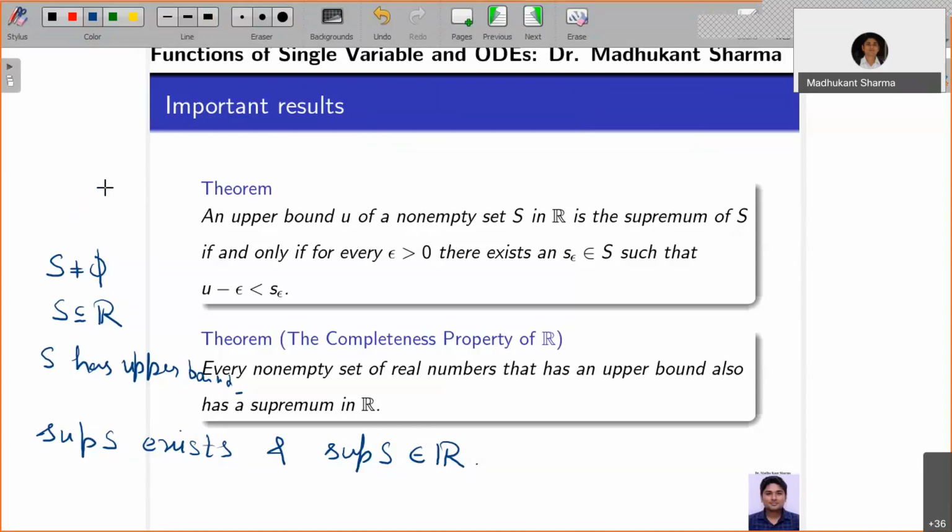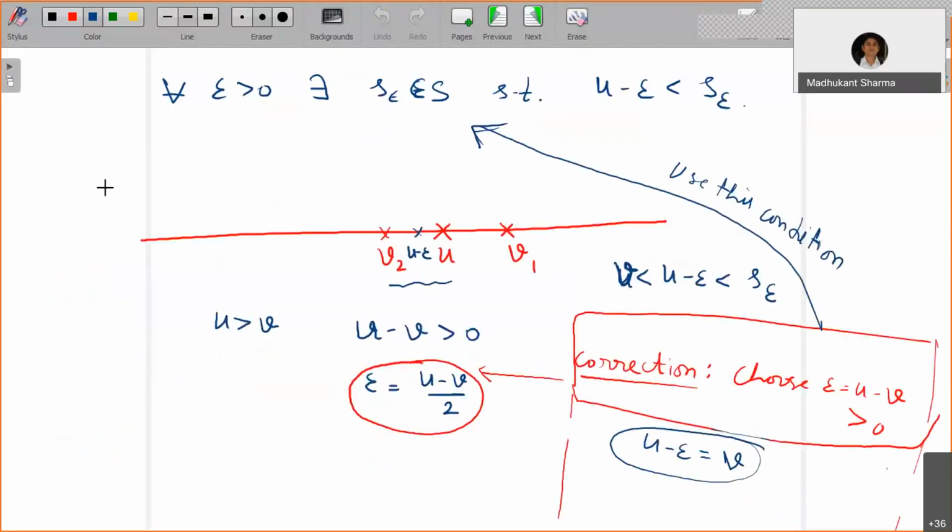Okay, in the last lecture, I have made one correction in the notes itself. If you choose epsilon equal to u minus v, whenever u is greater than v, and you assume that v is another upper bound and you want to claim that u is the least upper bound, but on the contrary we have assumed that u is greater than v, then we define epsilon equal to u minus v.